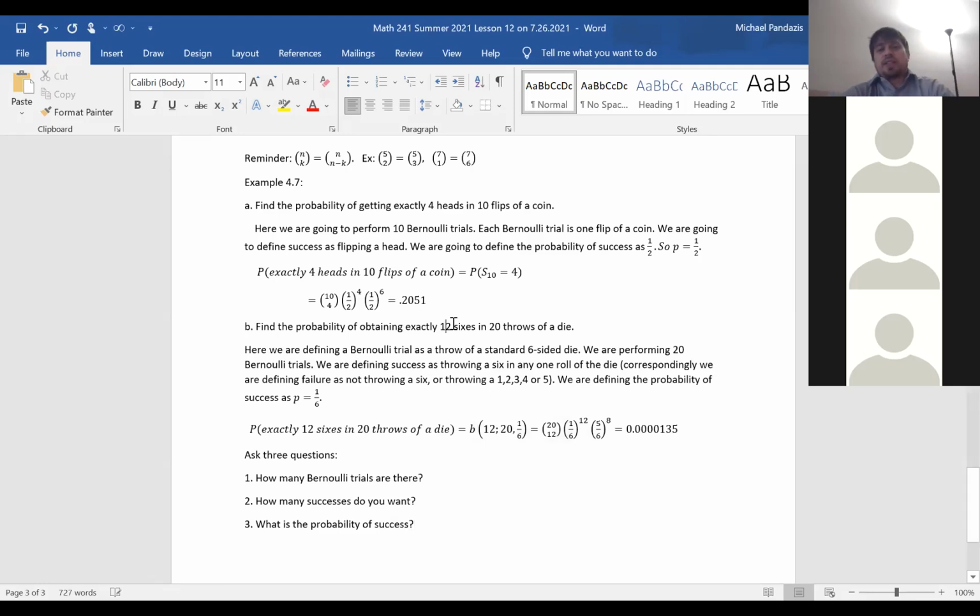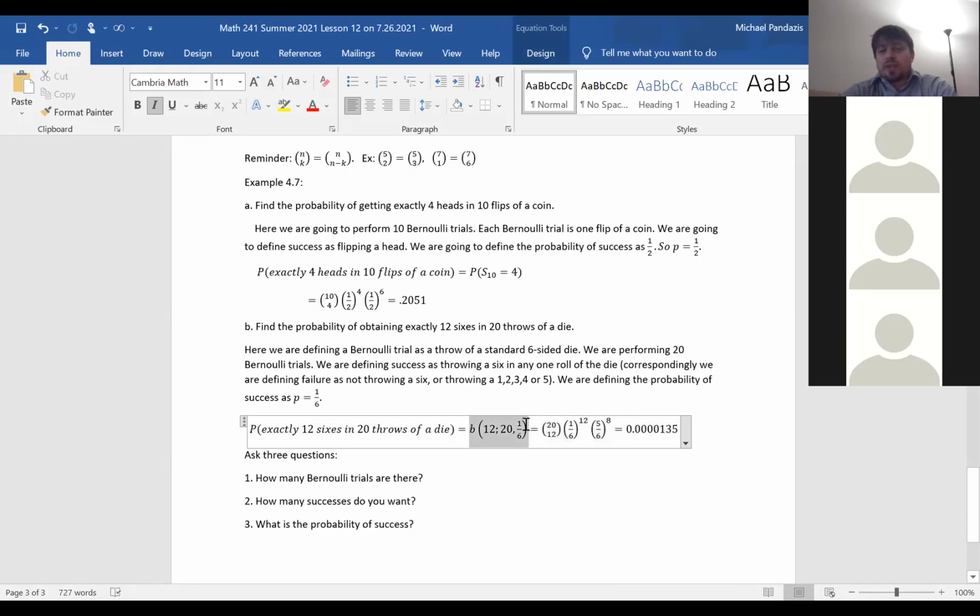Well, if success is throwing a 6, then the probability of success is 1/6, right? You plug these numbers in. You answer these three very simple questions. You plug the numbers into here, and then you write this notation down without even knowing what the answer is, right? And then if you can calculate this, you now get this expression and you get the answer.